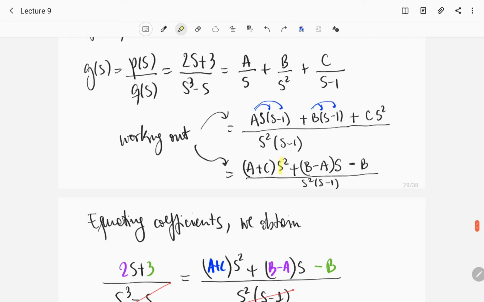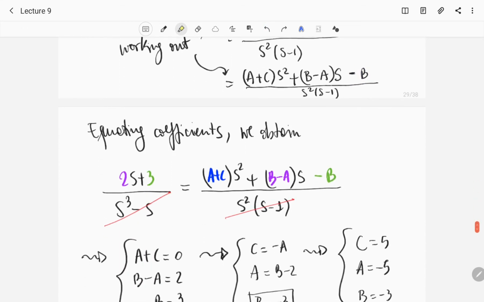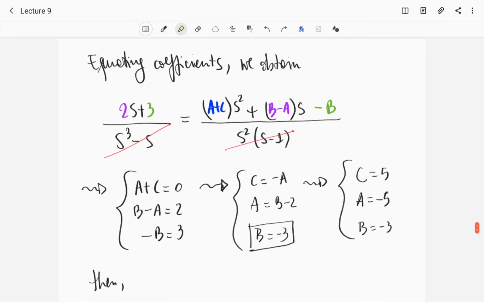There is no s squared term on the other side, which means that this coefficient should be 0. Next to s, we have a 2, so b minus a should be equal to 2. And there is a minus b here and a 3 here, so minus b should be 3. That's what we are doing here.